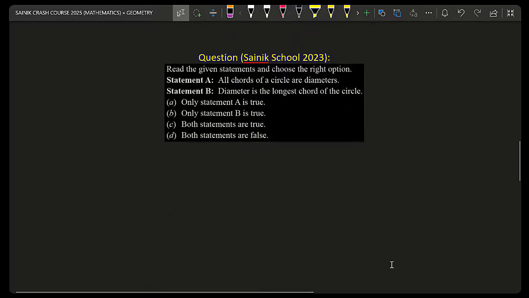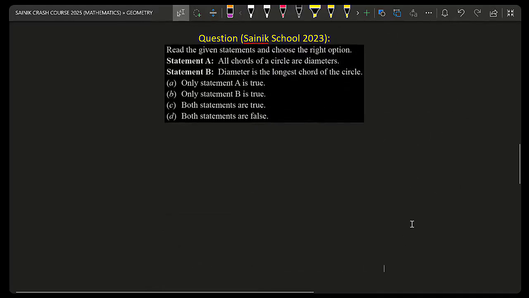Okay, so the question is: read the given statements and choose the right option. Statement A: all chords of a circle are diameters. Statement B: diameter is the longest chord of the circle. Depending on A, B, C, D, which one is correct, we have to choose. Who's going to answer this question?